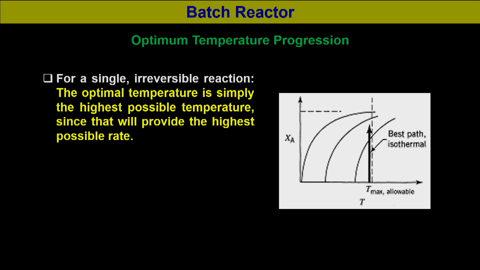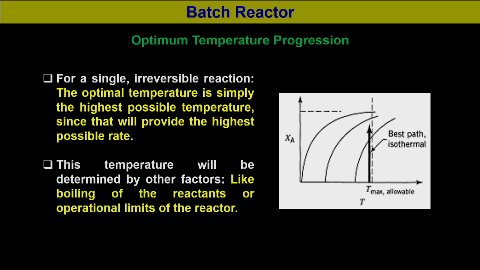The maximum allowable temperature will be determined by the reactor stability, the product or reactant stability, and also the economics of the system. This temperature will also be determined by the boiling of the reactants and operational limits of the reactor.